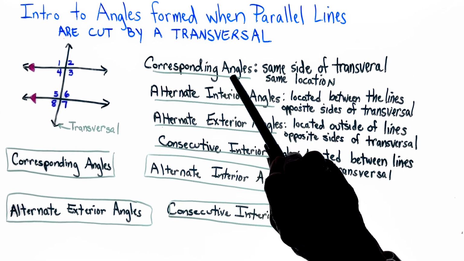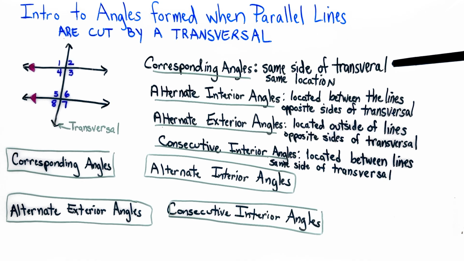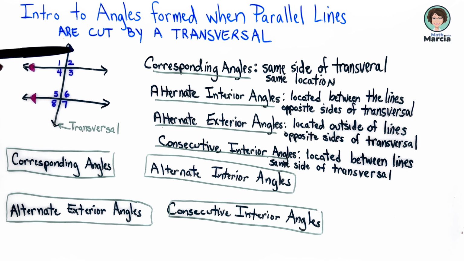Corresponding angles. They sit on the same side of the transversal in the same location. So when I am looking at this picture, same side of the transversal means that now I'm talking about angles 2, 3, 6, and 7.